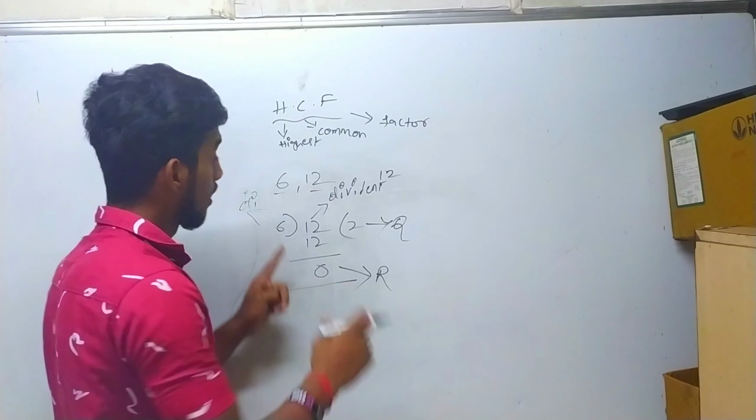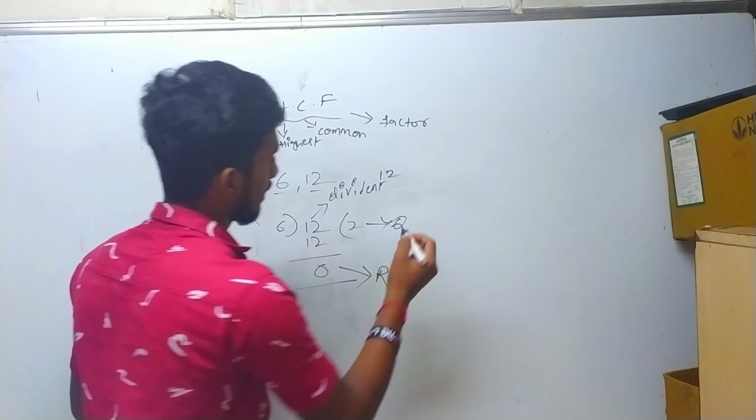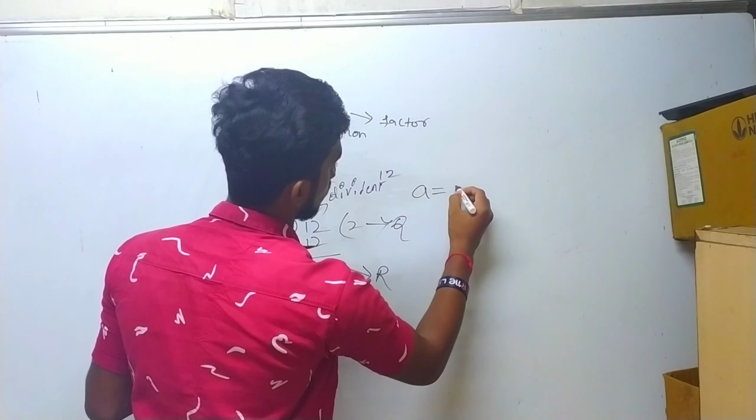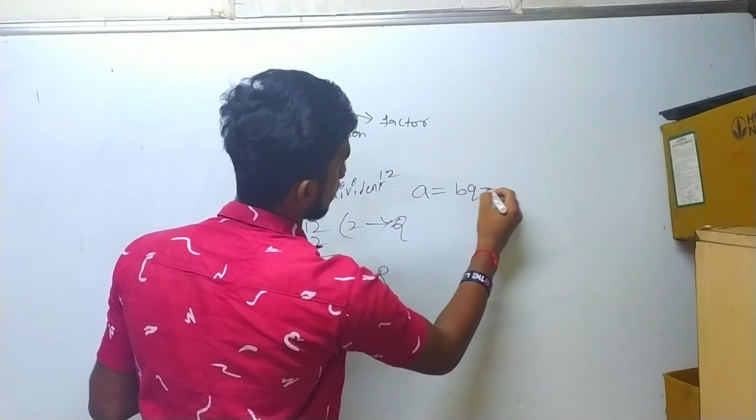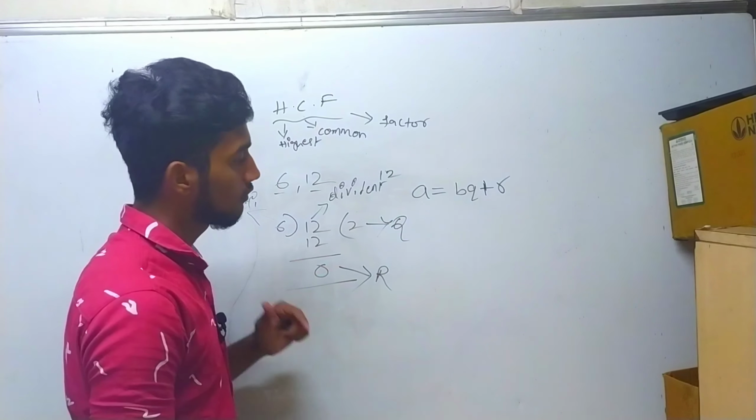Here by seeing this, there is one formula, that is A = BQ + R. This is the formula we apply.